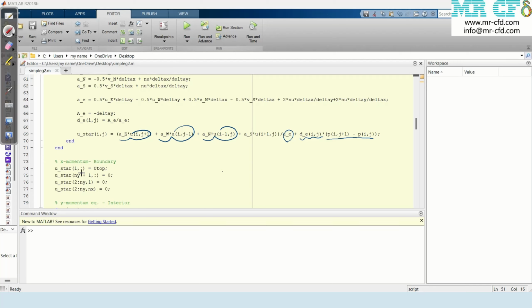As for boundary conditions, u at the top boundary is set to 1, while u at the other boundaries, which are walls, is assumed to be 0.